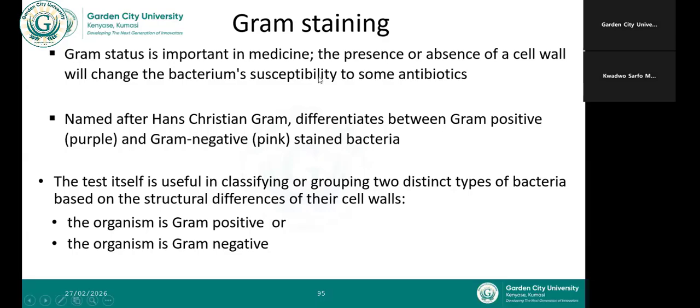And some antibiotics also target the cell wall anyway, not all antibiotics. So if the bacterial cell wall is very thick in what we call peptidoglycan, I think we did this in the previous lectures, bacterial cell wall.